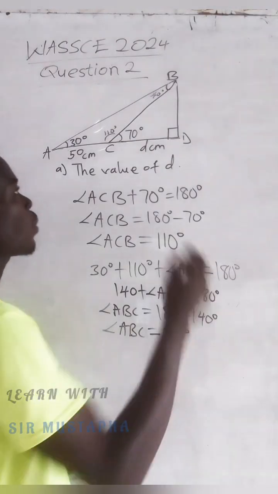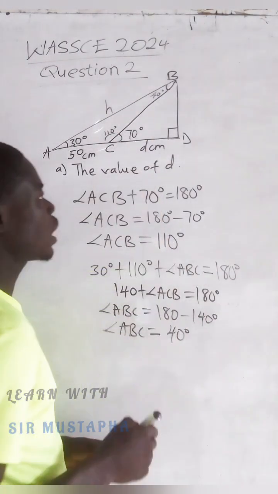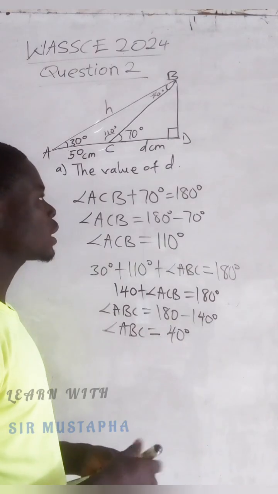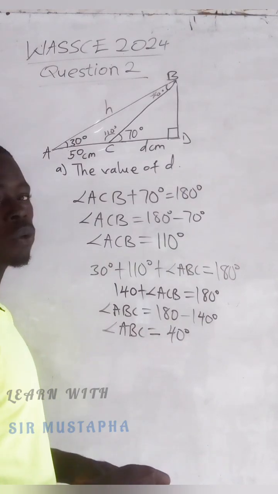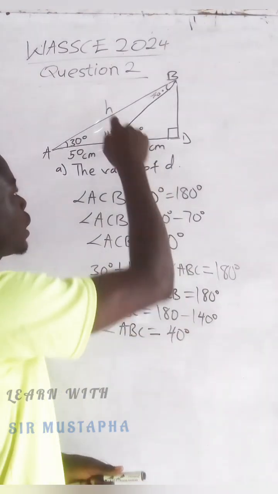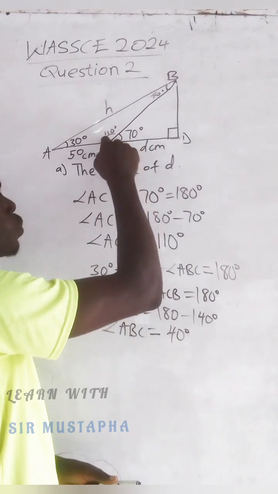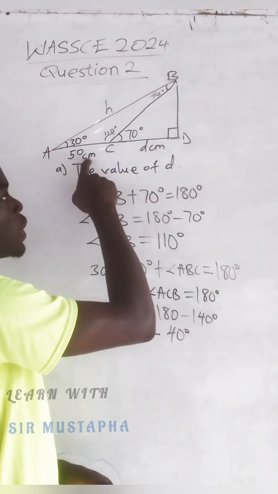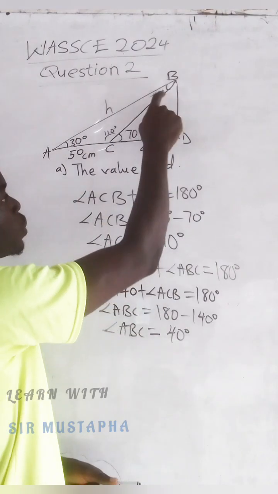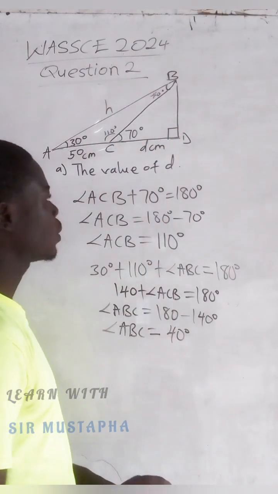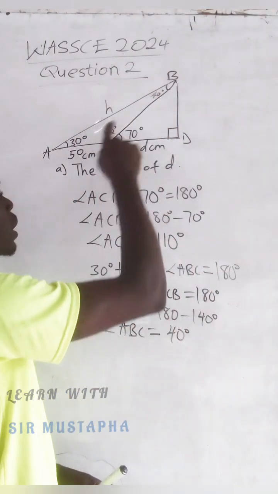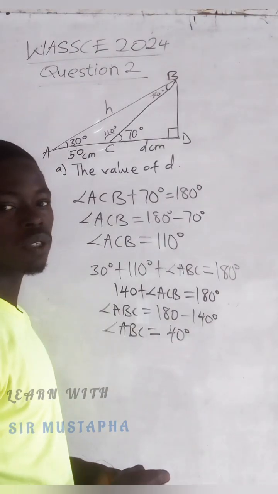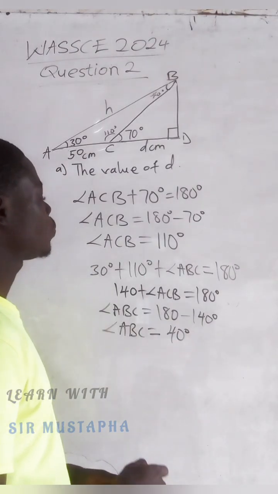Let us name that one H. Applying the sine rule, you can see that this H is opposite to 110, and then we have 50 centimeters here, which is opposite to the 40 degrees. So we have two angles and one length, then we can use the sine rule.